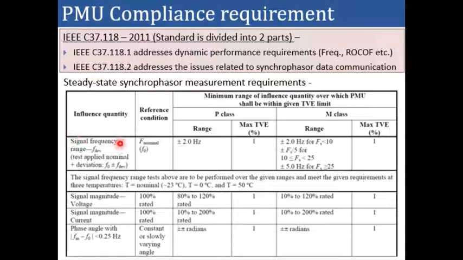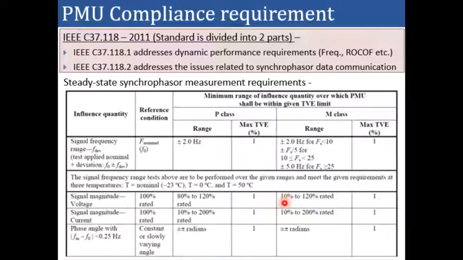If the signal frequency is at nominal, that is fundamental frequency, and it is changing between plus minus 2 Hz, still the total vector error for P class should be 1 and for M class should also be 1. If there is a voltage change from 80% to 120%, still the maximum TVE, that is total vector error, should be 1 in both cases.